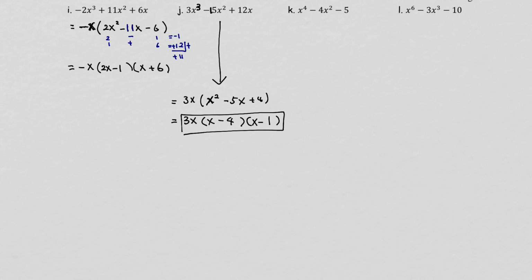Let's try this one. This one, I don't see a greatest common factor, right? I don't see a greatest common factor. But what do we know is this is 3 terms, and also you have the last term as a constant. Constant means no variable. And this 2 exponent is double. So this is squared, this is 4.